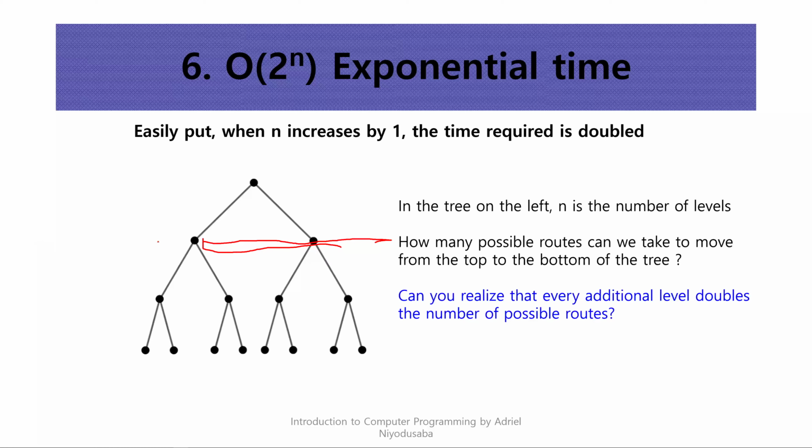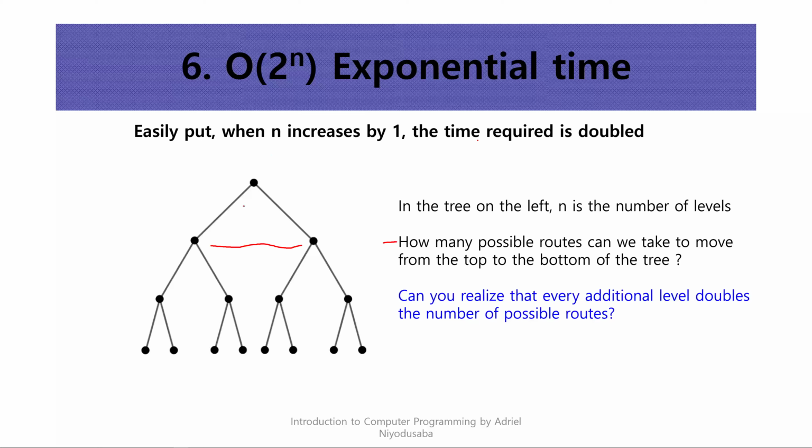Now, if we only had just one level, what could we have? And my pen is behaving quite weird, but I will figure out what's wrong with it. Yeah. If we had just one level, and we wanted to figure out how many paths we can take from the top to the bottom, definitely it's just two possible routes.